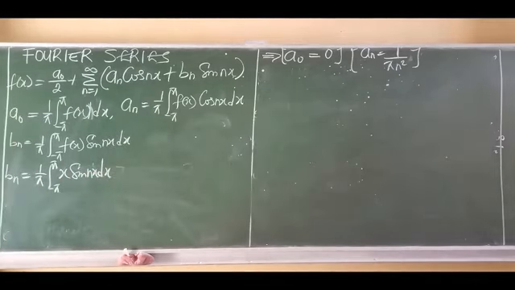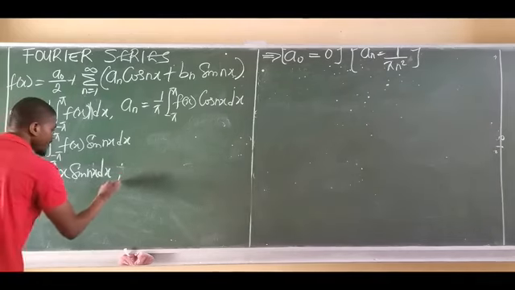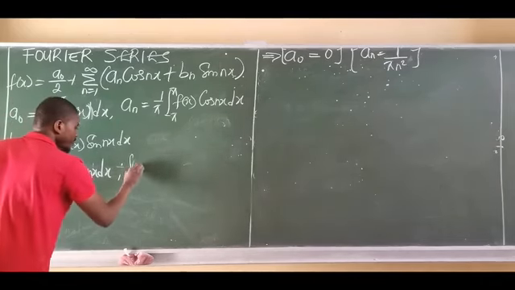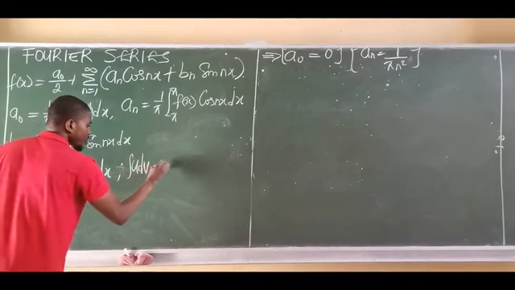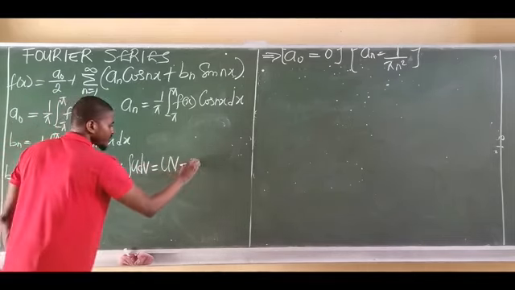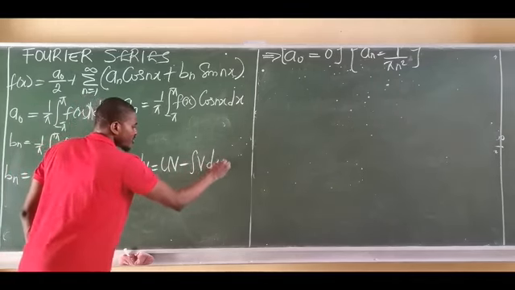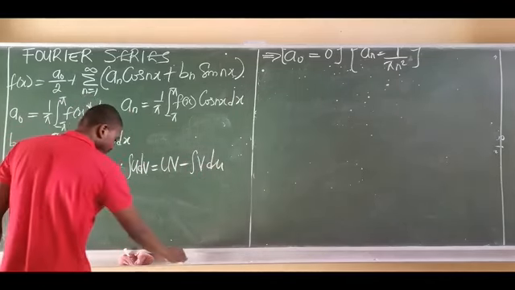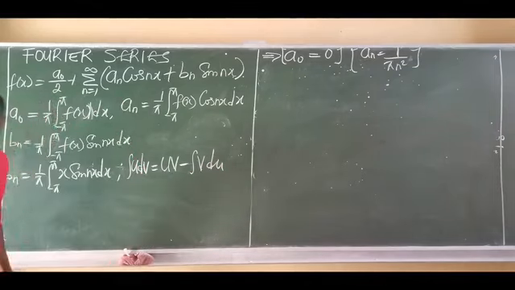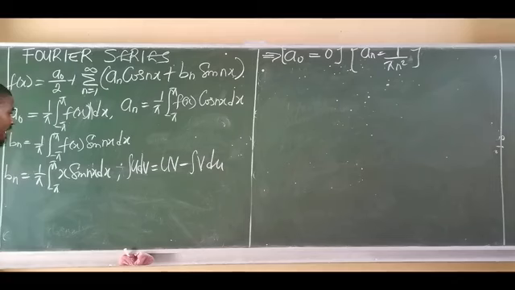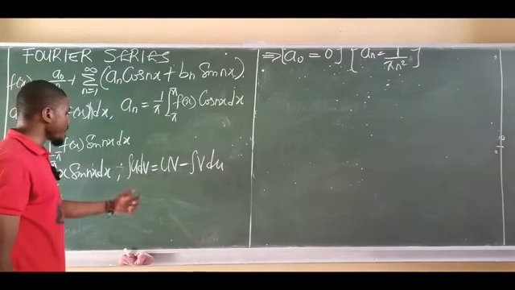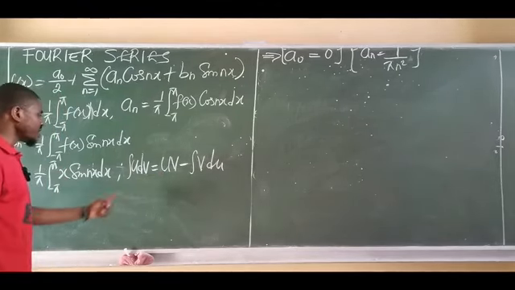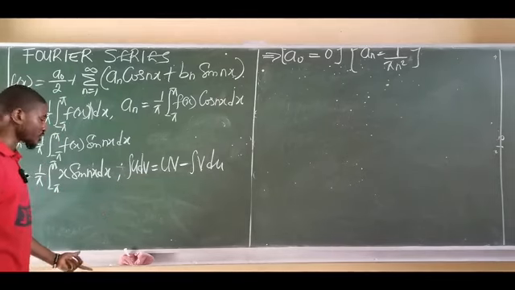Again, we make use of the integration by parts formula. Remember the formula: integral of u dv is equal to uv minus integral of v du. As I said earlier, u is always the given function, and dv is the Fourier function.